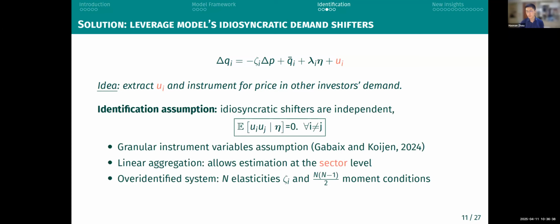So in particular, we're going to impose this identifying assumption that across investors in different sectors, the idiosyncratic shifters are independent. You could think of this as reflecting some sort of granular IV type of assumption. But intuitively, you should think of this as whatever happens that is exclusively in China is China's idiosyncratic shock.